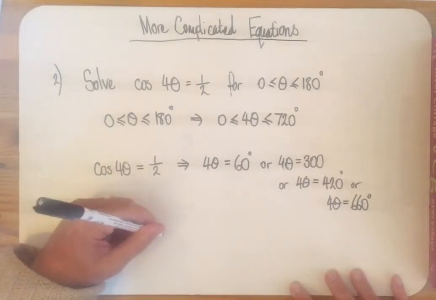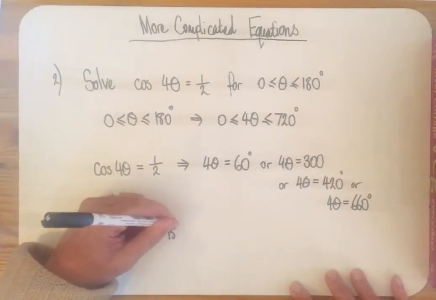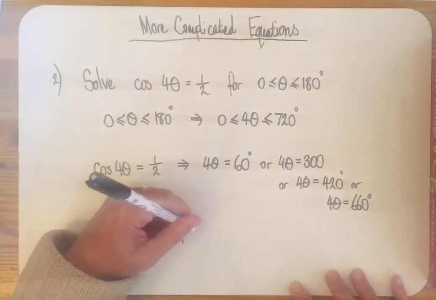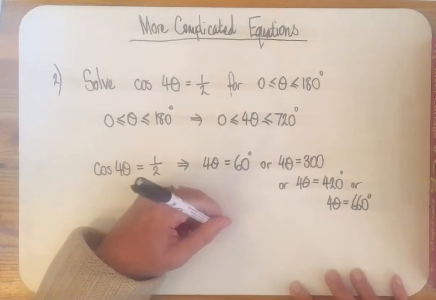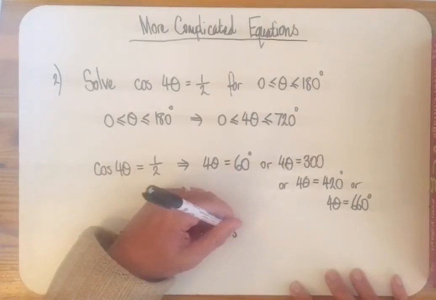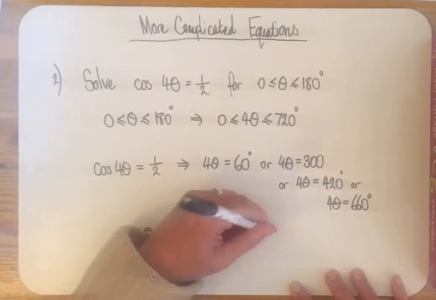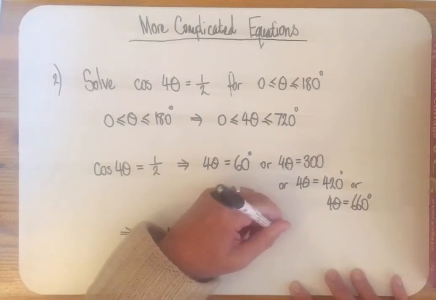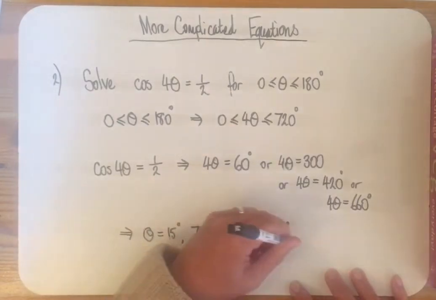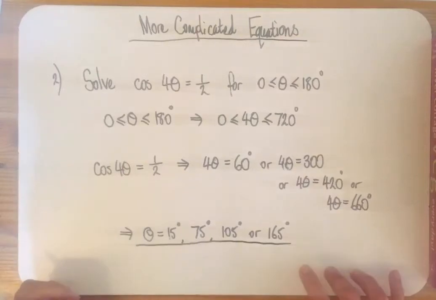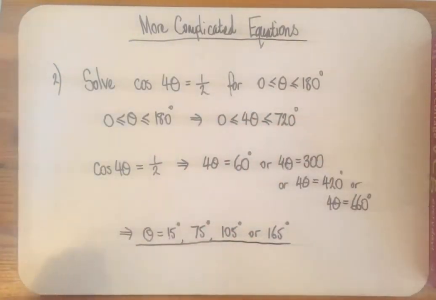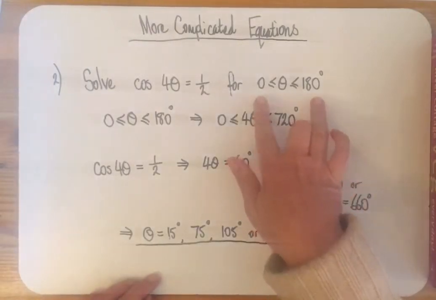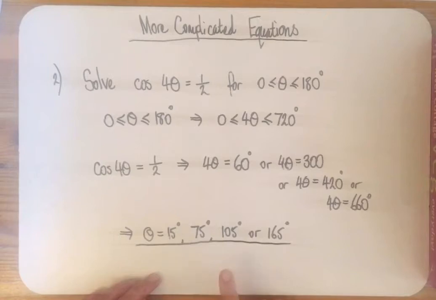So theta is equal to 15, 75, 105, or 165 degrees. So in effect, you're stretching the domain out, finding your solutions on a normal cos curve, and then pulling it back in between 0 and 180.